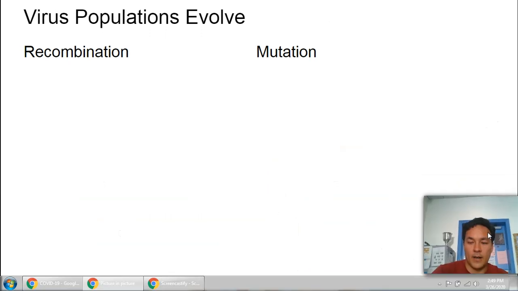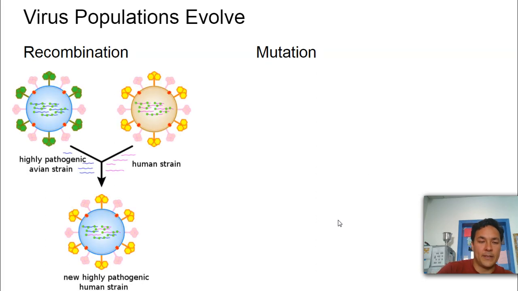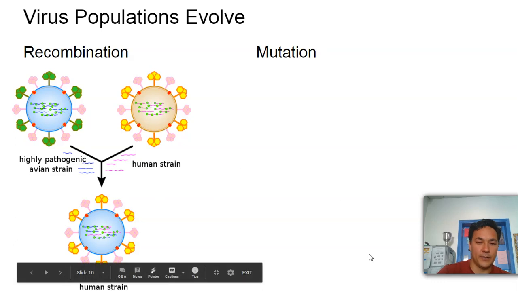All right, so we need to get this back to the coronavirus. You know that things evolve, that gene pools change over time. Populations evolve, not individuals, right? One virus on its own cannot evolve, but together or in a group, they can change the entire gene pool and evolve.